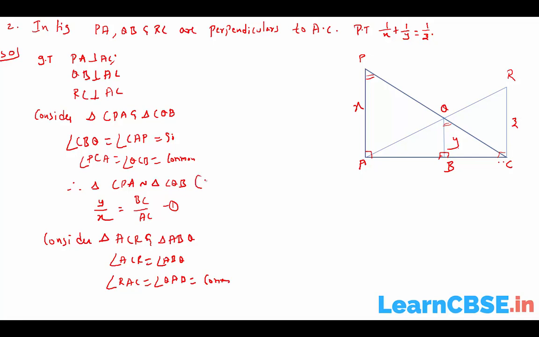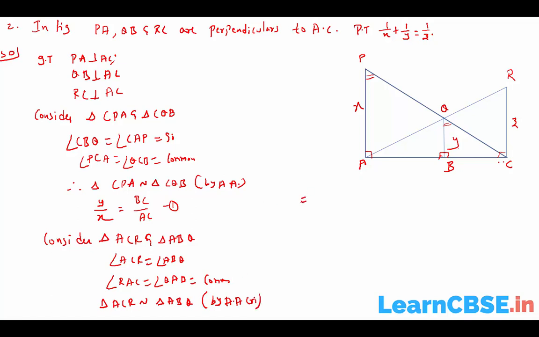So this is by AA criterion. Here also triangle ACR is similar to triangle ABQ by AA criterion.